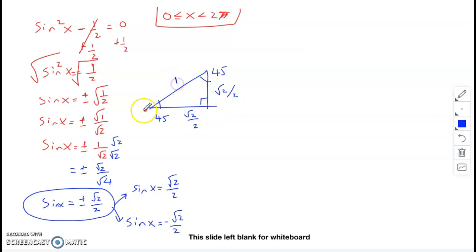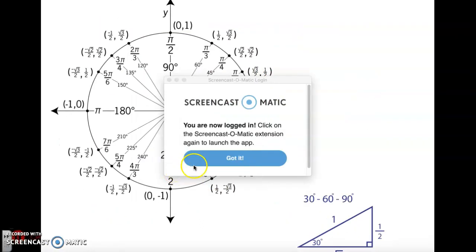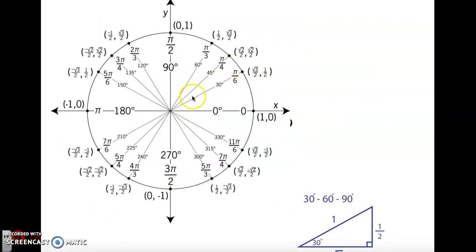And remember, the hypotenuse is 1 because we're talking about the unit circle. So where's my sine going to be positive square root 2 over 2? Then I go to my unit circle, and I see it here. My sine is the y value.